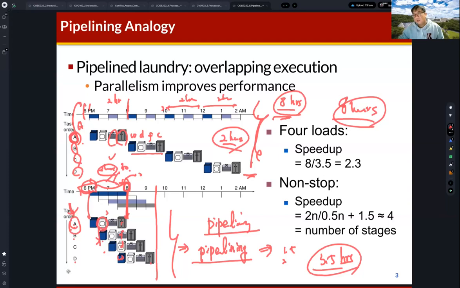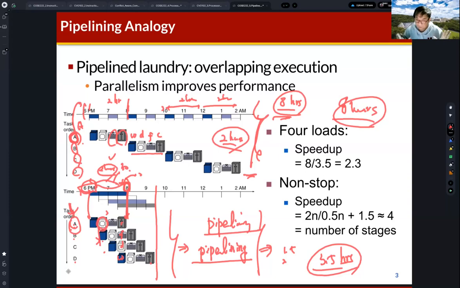But if we have multiple tasks like A, B, C, D, then with pipelining the total execution time of multiple tasks can be reduced. That is the benefit of pipelining.